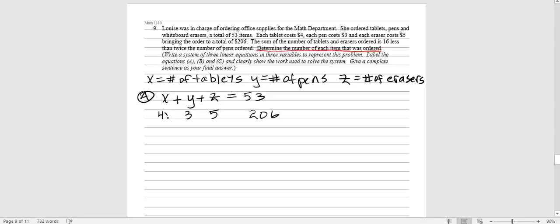So 4x of those dollars was tablets, 3y of those $206 was pens, and 5z of the $206 came from the cost of the erasers. So when I add these three costs together, I get the $206 total.